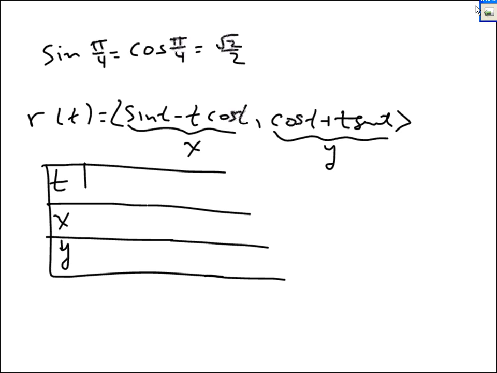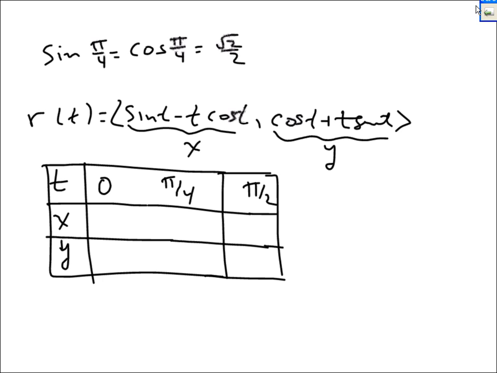And of course, t goes from 0 to pi over 2. Let t be 0. Let it be pi over 4. Eventually, let it be half of pi. The sine of 0 is 0.